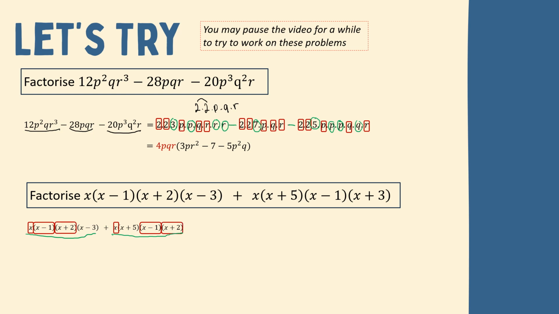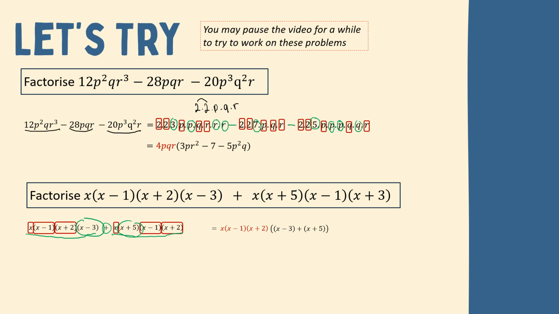Those are the common factors. So the HCF of these two terms is x times x minus 1 times x plus 2. And then, what's inside the bracket? Inside the bracket are the remaining factors, which are x minus 3 plus x plus 5.